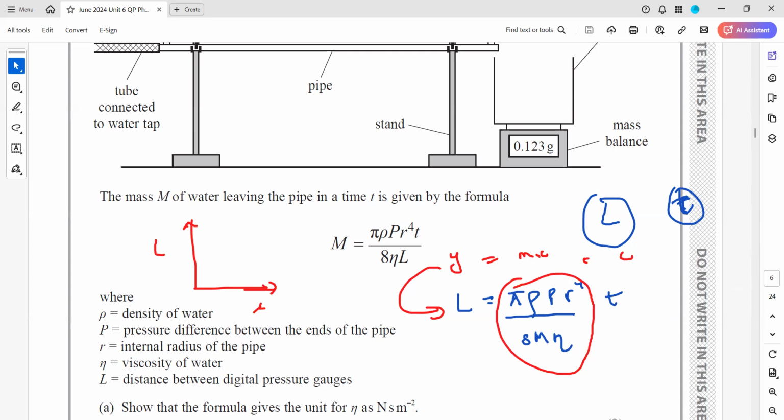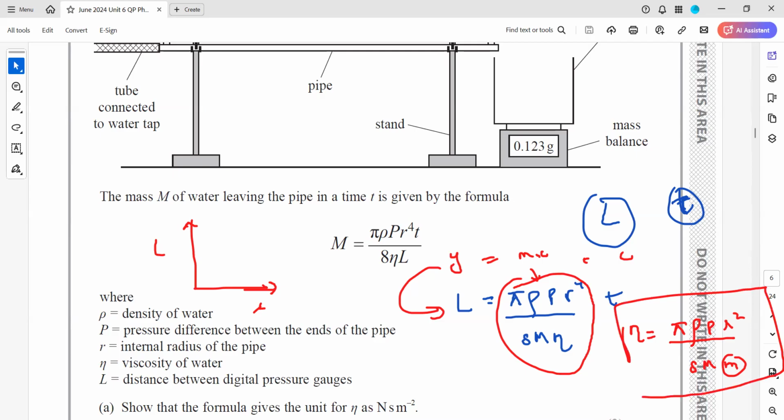So the viscosity will be equal to pi rho pressure R raised to power 4 divided by 8 m, and then this will be the gradient. Small m is not the mass here, it's a gradient, because the gradient is equivalent to this.